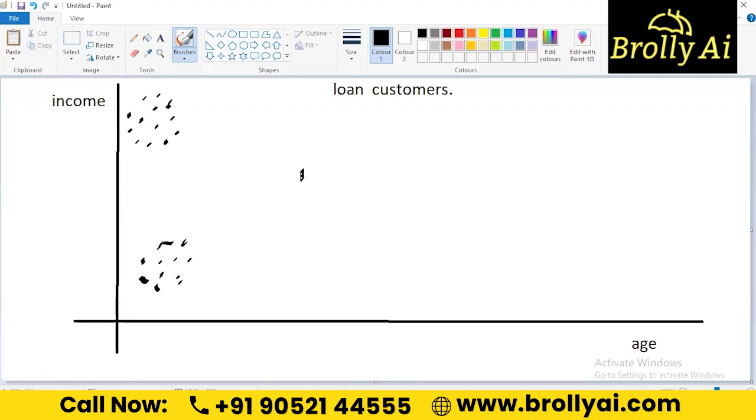And there is another group here. Their age is middle. Their income is also at middle level. At the same time, there are some other people. Their age is very big, but income is very less. At the same time, there is another group, age is bigger, and their income is also bigger.